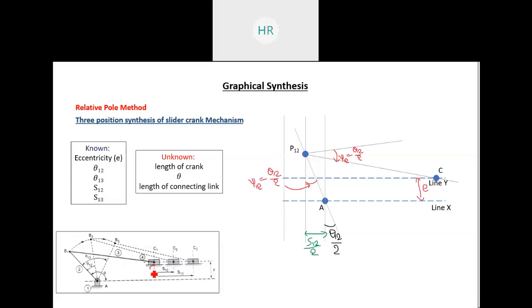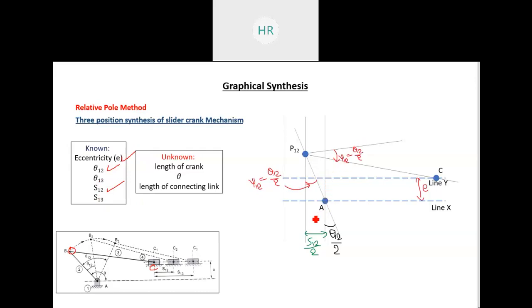In two position synthesis, we first located point B and after that found point C. But here we are randomly locating point C first. Then with the use of this location we will find point B. So up till now we have used the data eccentricity, theta 12 and s12. Now we will use more data, theta 13 and s13, to find the location of point B.